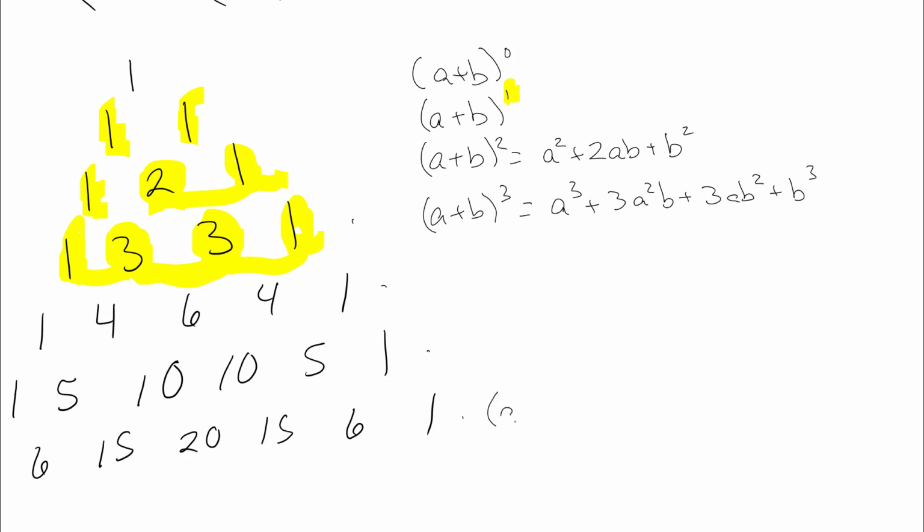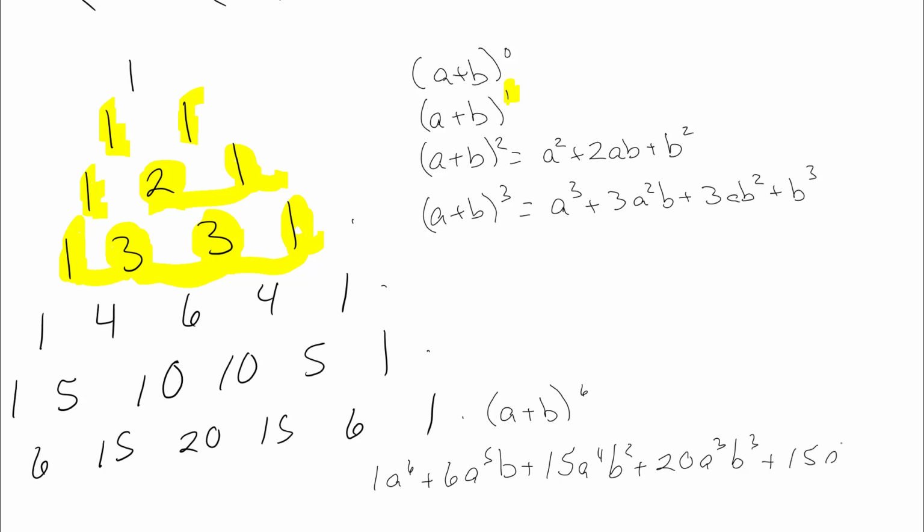So if I wanted to do a plus b to the 6th, it would be 1a to the 6th plus 6a to the 5th b plus 15a to the 4th b squared plus 20a cubed b cubed plus 15a squared b to the 4th, and then I've got to move this over because this is really, really long and I'm running out of space.